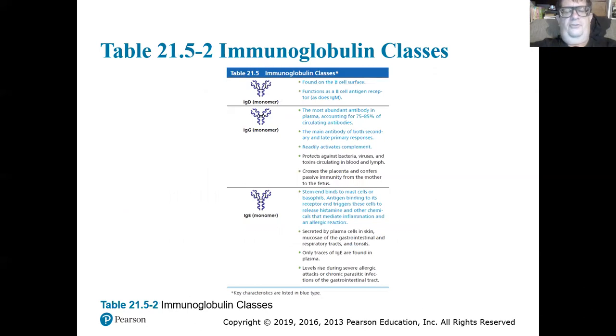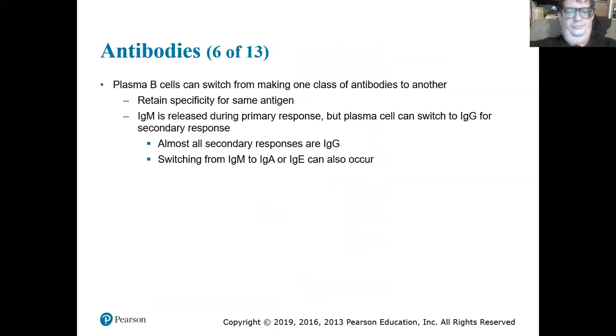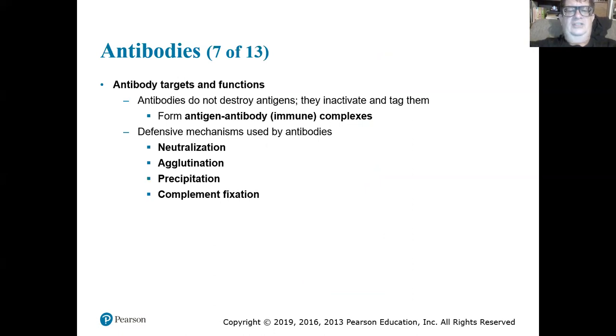And then later on, as the response builds up, you got to make these smaller ones that float around easier, that fit into tighter places and stuff. These IgGs. You could also switch from IgM to IgA or IgE. You just don't do it nearly as much. IgG is your main tool.